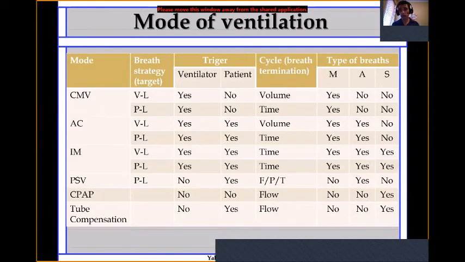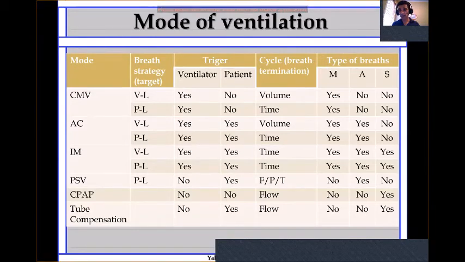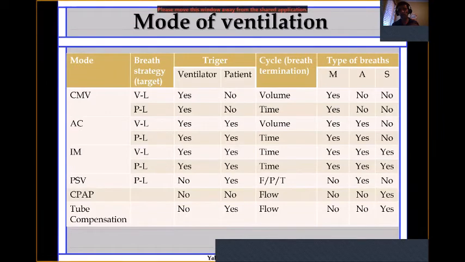What types of breath do you see in intermittent mandatory ventilation or synchronized intermittent? You see mandatory, you see assisted, if the patient achieves a certain level of trigger, it will help. But you also see spontaneous, where the patient does not achieve the set parameters that allow the machine to help.